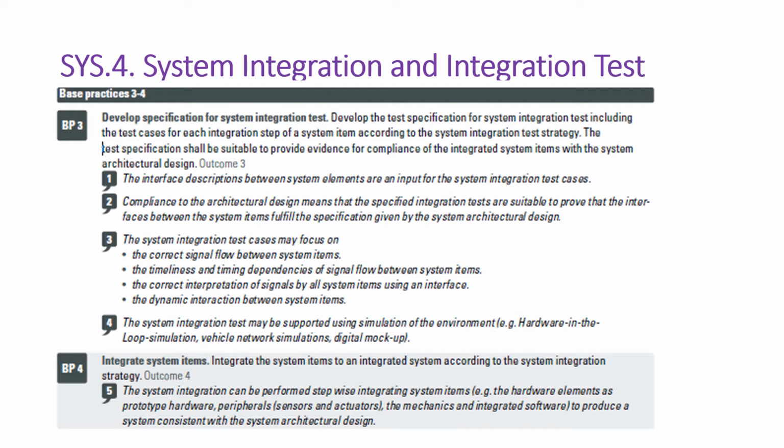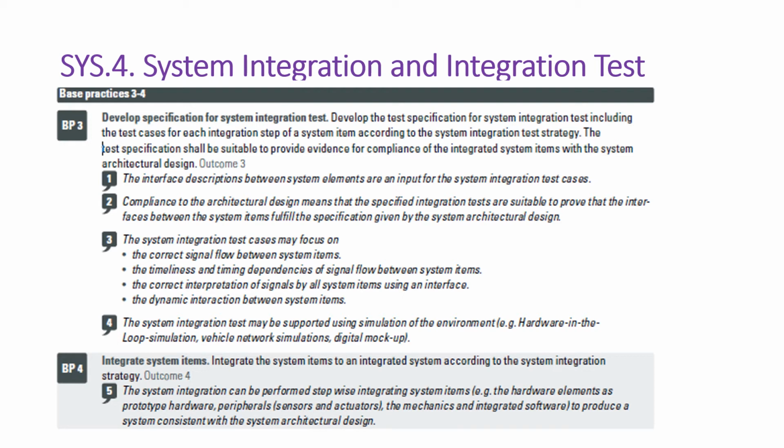The dynamic interaction between the system items, we also have to ensure. See, dynamically, one software unit, one software element, behaves in one way while it is exposed to a different dynamic environment.